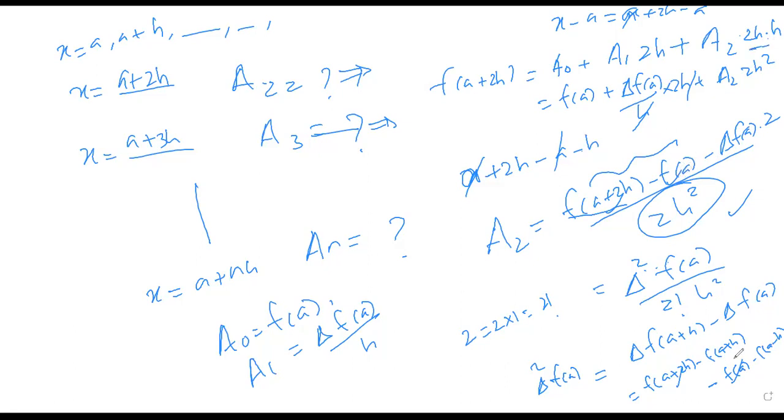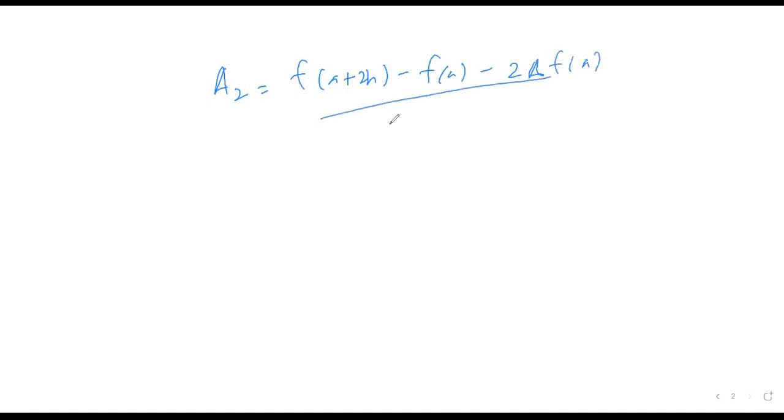Okay, I will check again. Did you understand? Delta fa plus h. Okay. What is delta f of a plus h minus delta fa? So delta squared, no? So you got that. Okay, let me check. So we have a2 is equal to f of a plus 2h minus fa minus 2 times, what do you get? A1, no? A1 means delta fa divided by h.